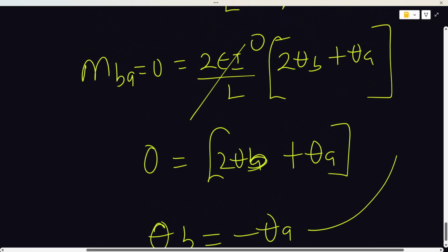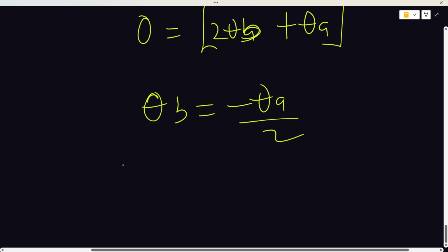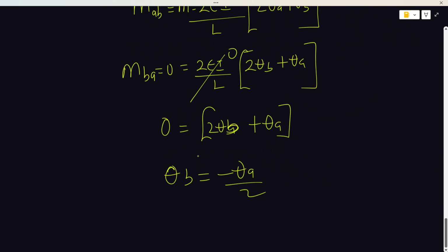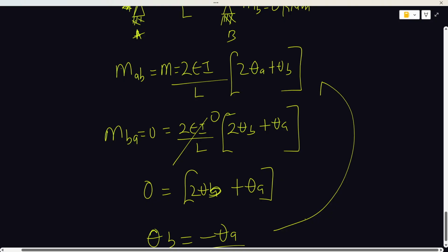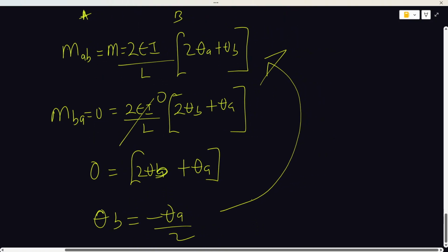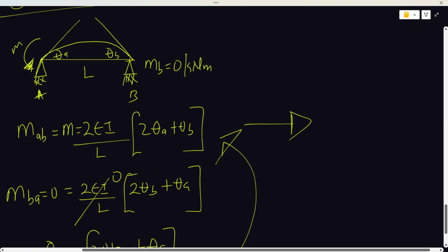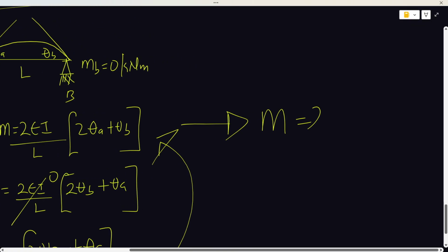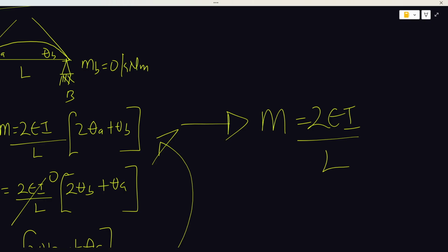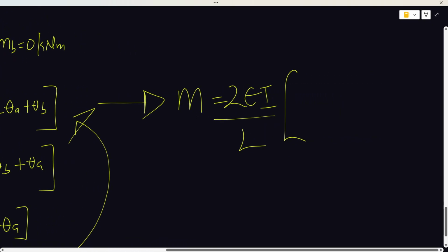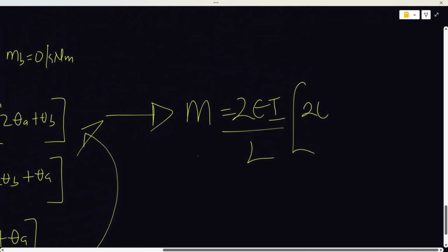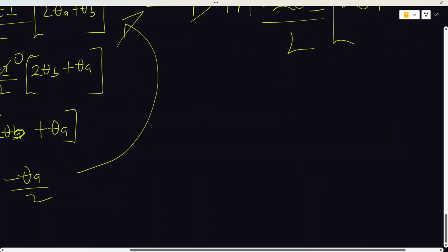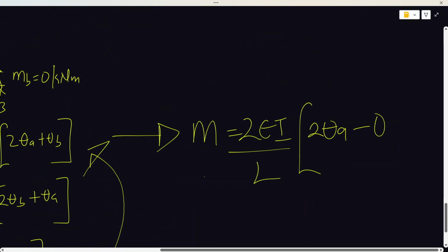And now we can substitute this inside this equation, saying that M is equal to 2EI over L times 2 theta A minus theta A over 2.